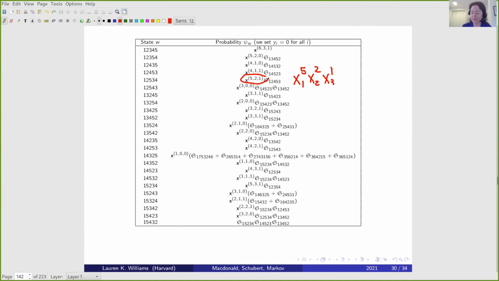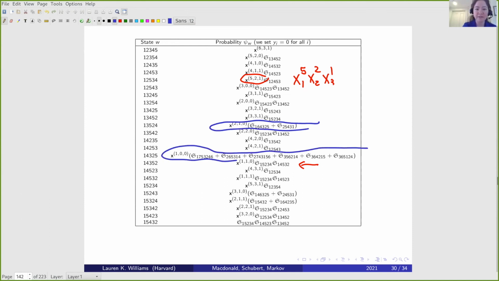Most of the time, my steady state probabilities look like monomials times products of Schuberts. But there are a few exceptions. This one is a sum of Schuberts. This one is also a monomial times a sum of Schuberts, and same with these two. So there are 4 that look a little different.